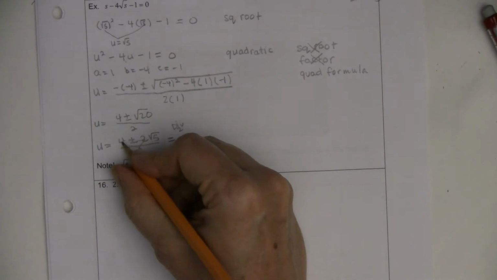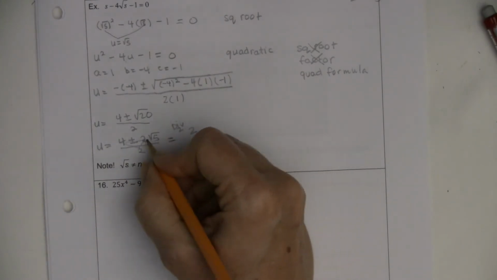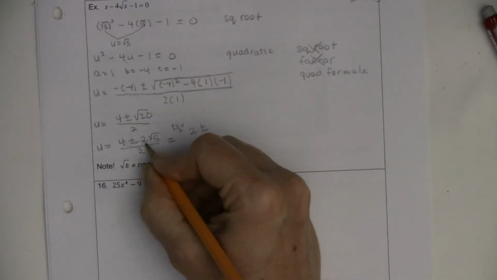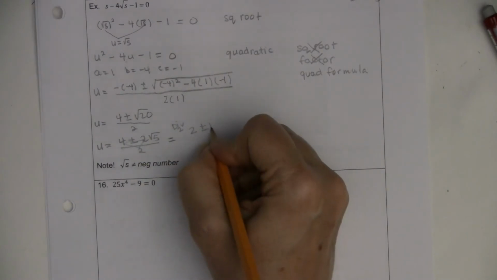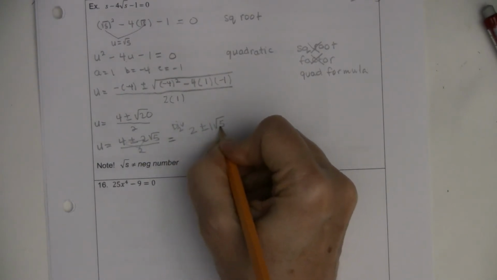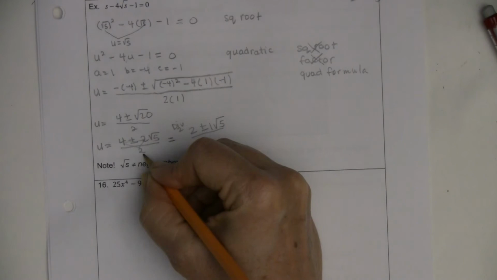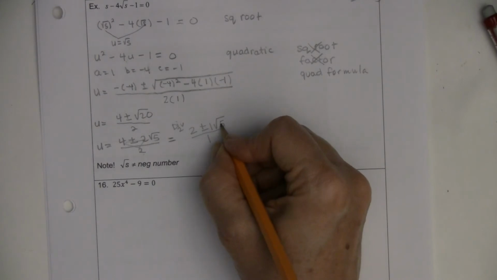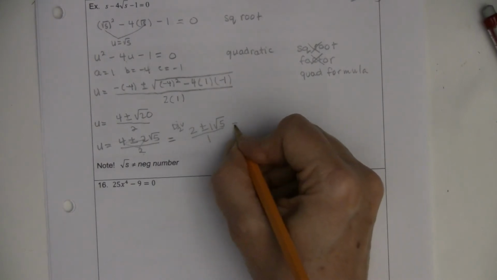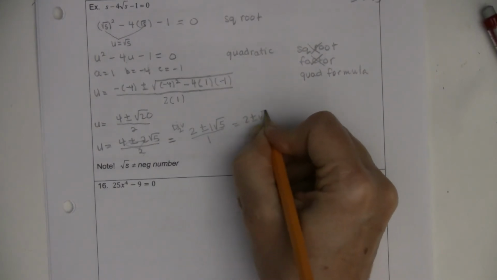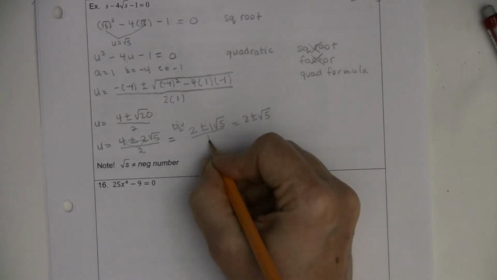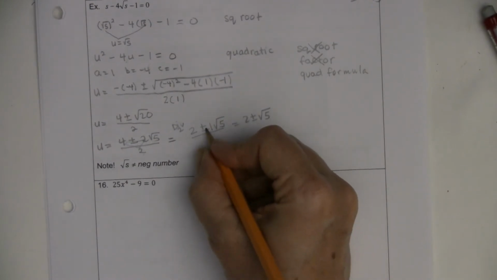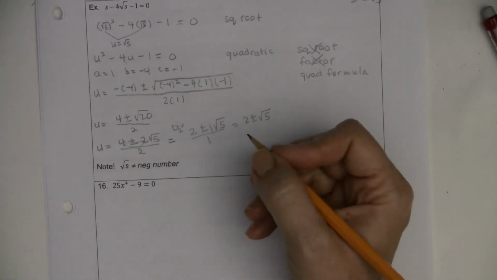So this is 4 divided by 2 is 2, plus or minus 2 divided by 2 is 1, square root of 5, over 2 divided by 2 is 1. And then it's not necessary to write this 1 because 1 times the square root of 5 is the square root of 5. And so this would be 2 plus or minus the square root of 5. And then it's not required to write that 1 because whatever divided by 1 is the whatever.